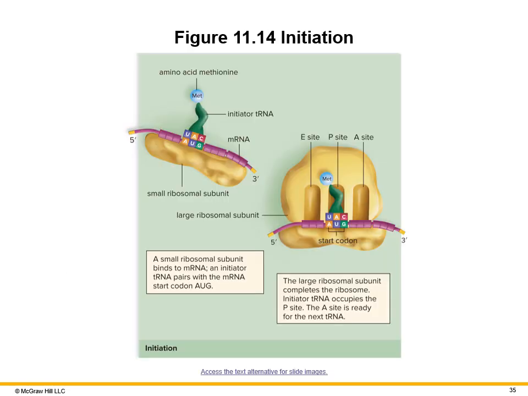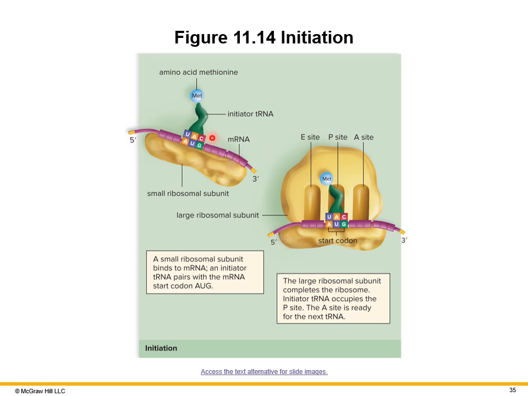Here's the diagram of initiation, where the mRNA is first going to bind to the small subunit of the ribosome. Afterwards, the large subunit is going to bind to the small subunit in order to complete the ribosome, as we see here.